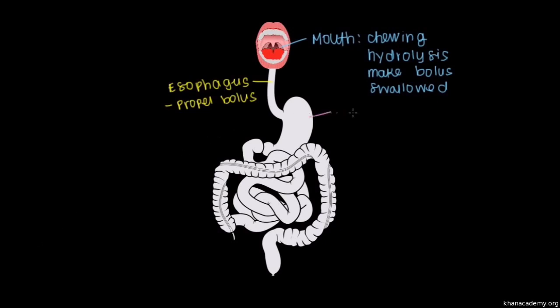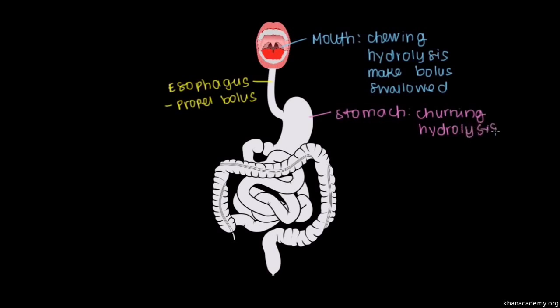Now we get to the stomach. A lot of action going on in the stomach. One of my favorite parts of the GI tract. The stomach is responsible for multiple things, including churning, which is a lot like chewing, except that there are more dimensions of contraction affecting the food and breaking it down. We also have hydrolysis going on here, the enzyme-assisted breakdown of food.